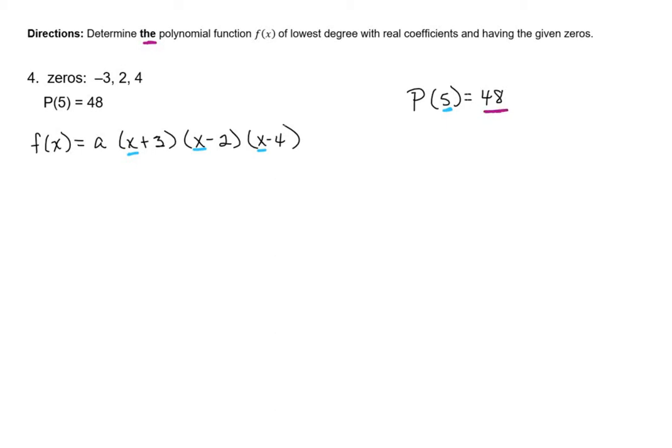So 48 is going to go in place of that f of x. So what I have is 48 equals some constant a times 5 plus 3, 5 minus 2, and 5 minus 4.